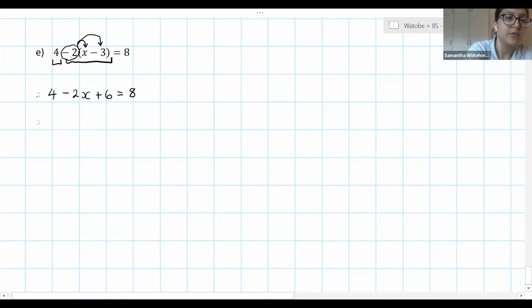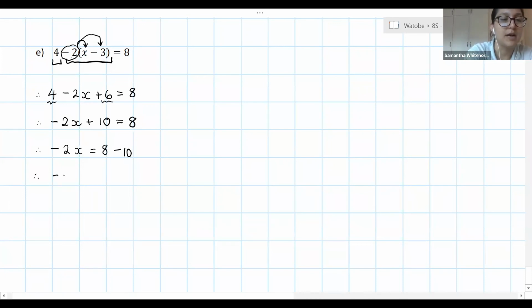Now it's completely up to you how you then go about this. I can see that the 4 and the 6 are like terms, so I'm just going to neaten up the left and add them together, which means I've got -2x plus 10 is equal to 8. And now I'm going to start with my inverse operation. So the first thing I want to do is subtract 10 on both sides. So I've got 8 minus 10.